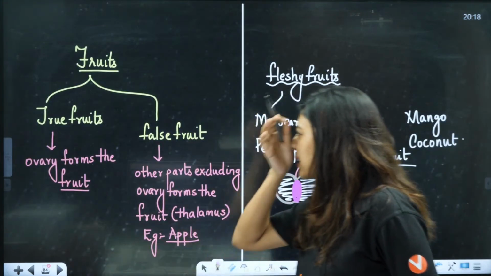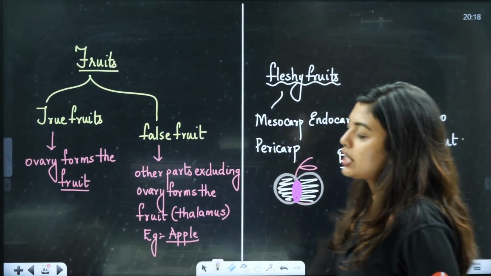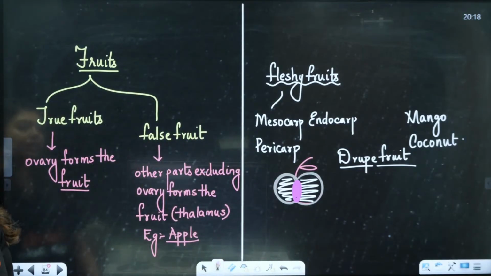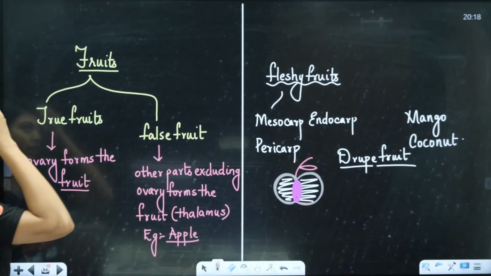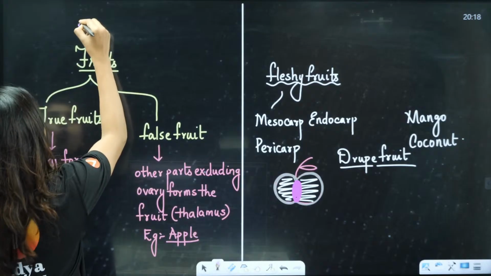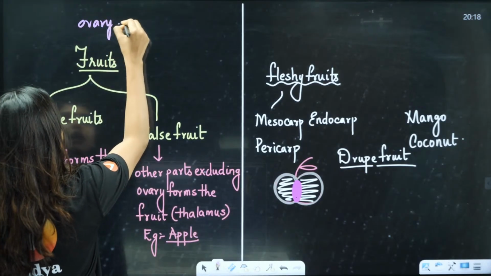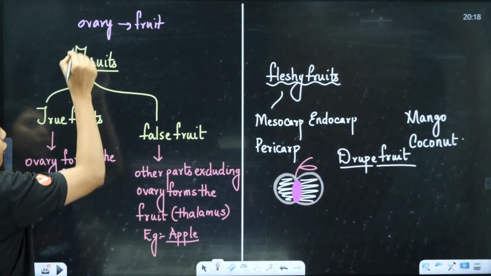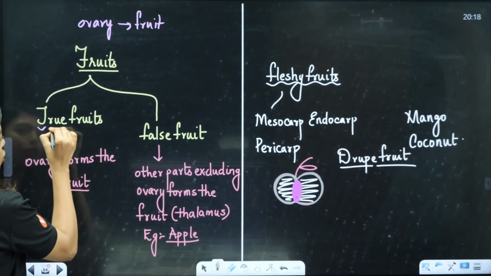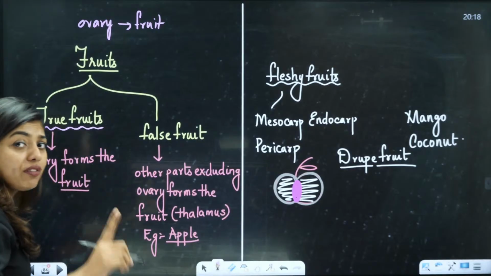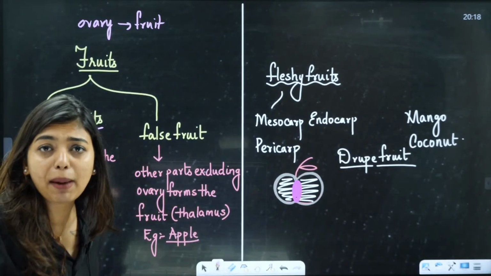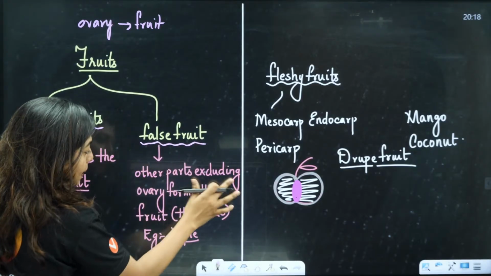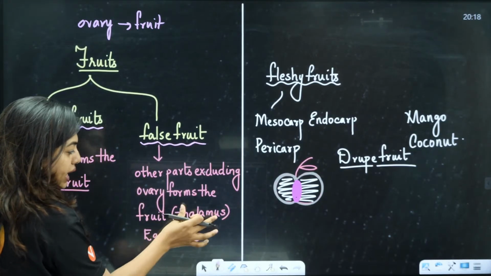The fruits may be fleshy as in guava, orange and mango, and dry as in coconut and others. Now, students, fruits are of two types: true fruits and false fruits. A true fruit is one in which the ovary forms the fruit. If any part other than the ovary forms the fruit, like the thalamus, I will call it a false fruit.